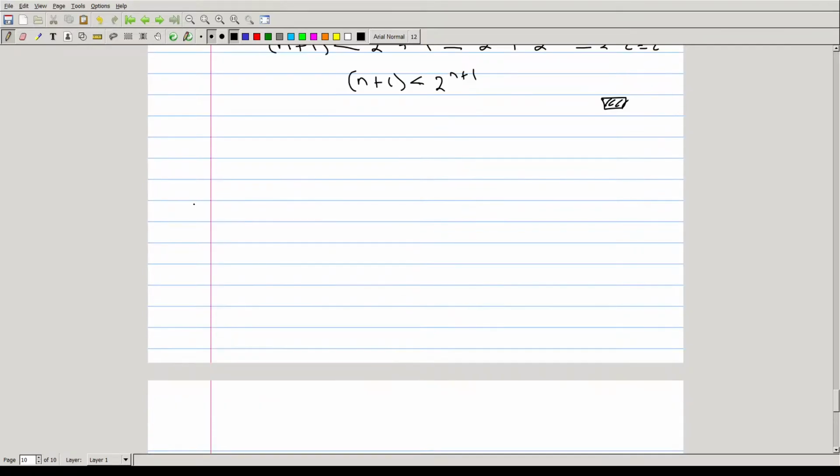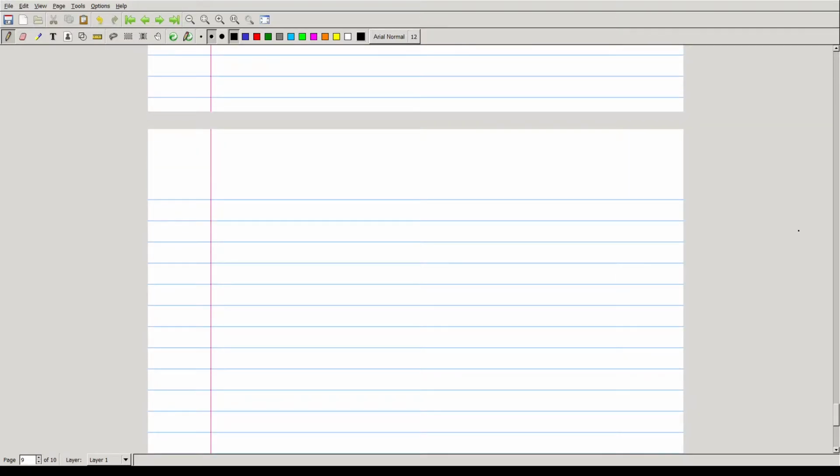And the reason that I went through and did this lemma is because now we can actually show the following: that n is strictly dominated by 2 to the n, where n is a positive integer.